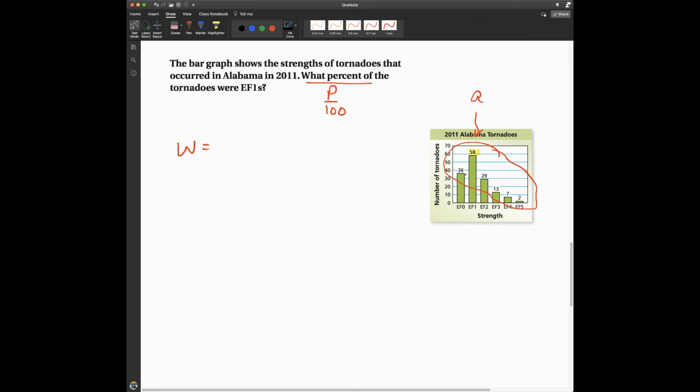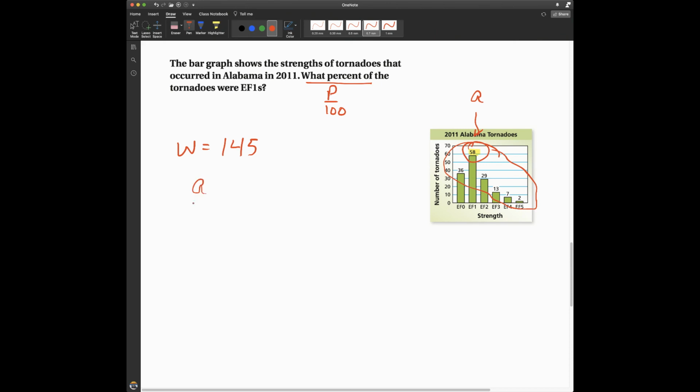You get your calculator, let's do this. 36 plus 58 plus 29 plus 13 plus 7 plus 2. And I don't know about you, but I got 145. All right, so there's my part, again, is 58.